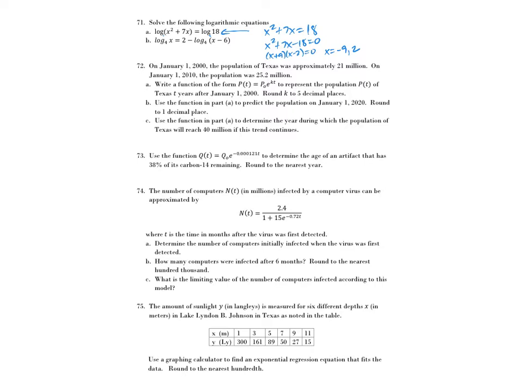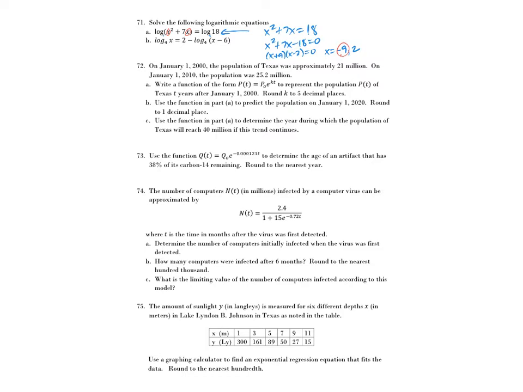But then you have to remember that if x is negative 9, negative 9 squared is 81 minus 7 times 9. Okay, so that gives me something positive. So you just have to check, in other words, if I plug in negative 9 for x here and here, do I get something negative or positive inside of that log?